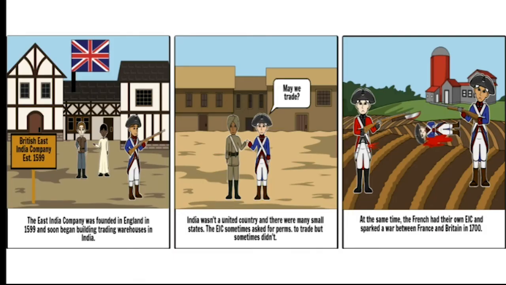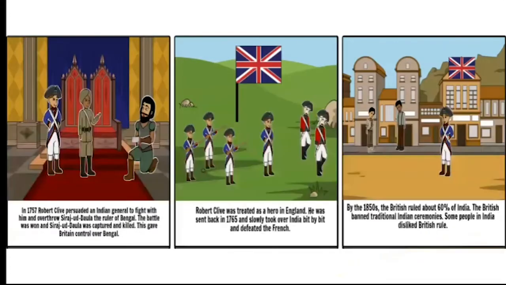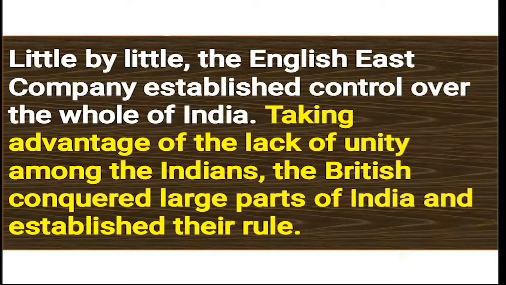And gradually they came here for trade and they started capturing our land. They made factories and slowly they expanded their area in our Indian subcontinent. Little by little, the English East India Company established control over the whole of India.